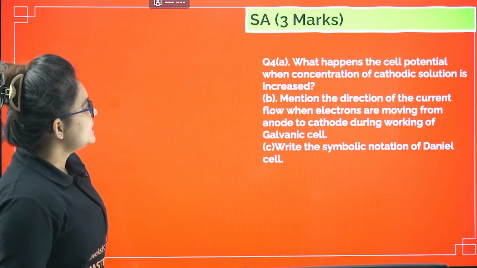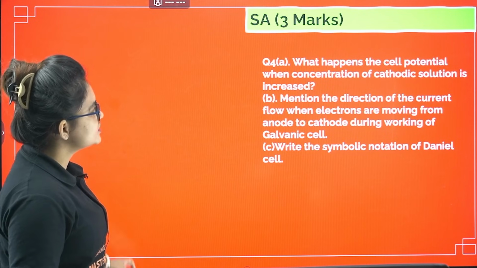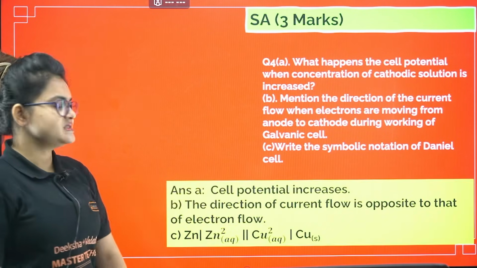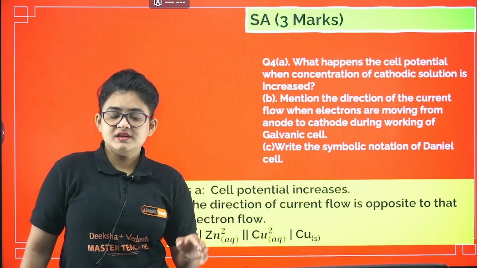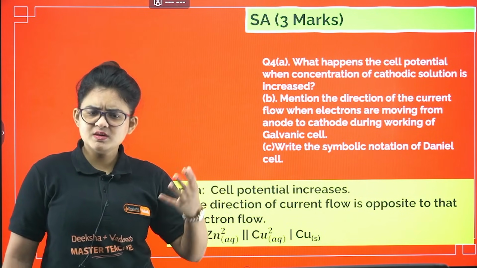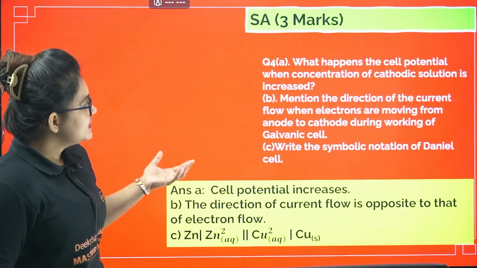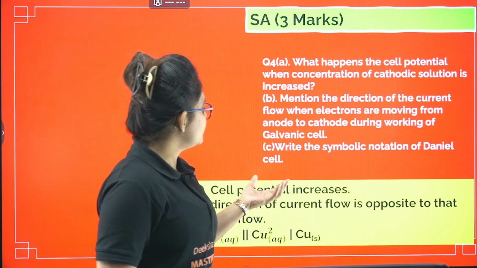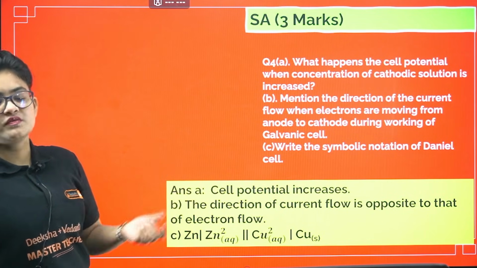Next, what happens to the cell potential when concentration of cathodic solution increases? If the concentration of the cathodic solution increases, cell potential also increases. Next, mention the direction of the current flow when the electrons are moving from anode to cathode during the working of a galvanic cell.